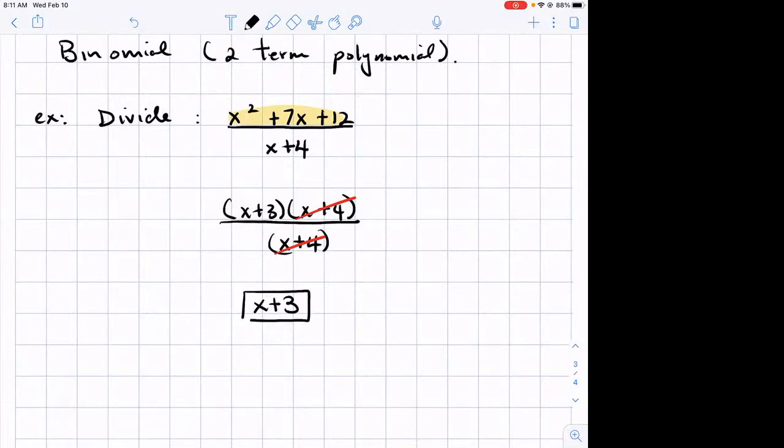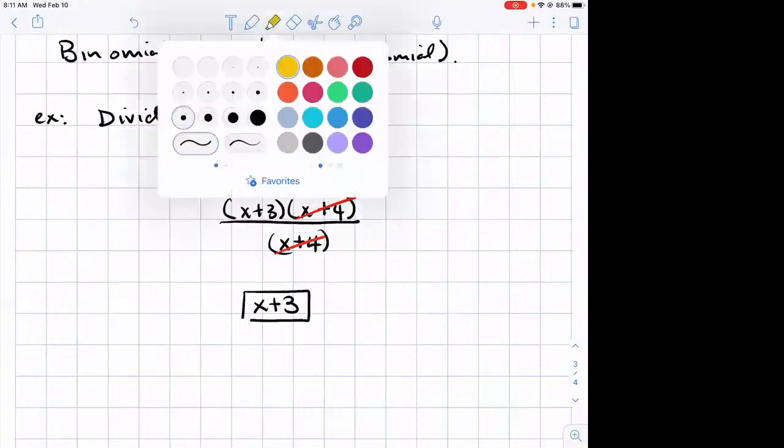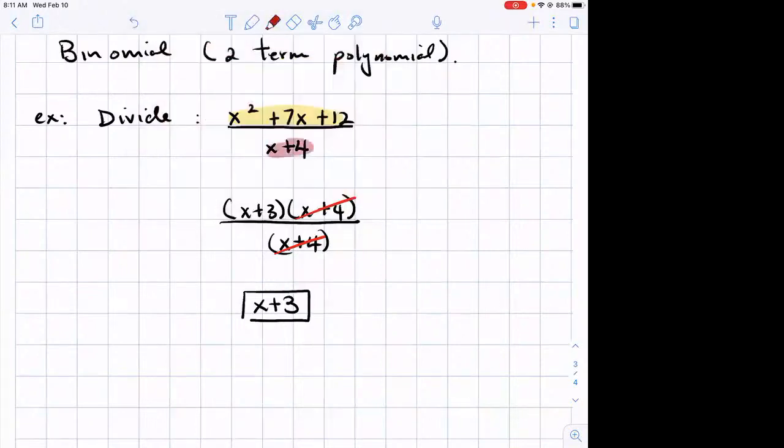Now this will also work. You cannot separate as we did earlier because this here is not a monomial. So you cannot rewrite.